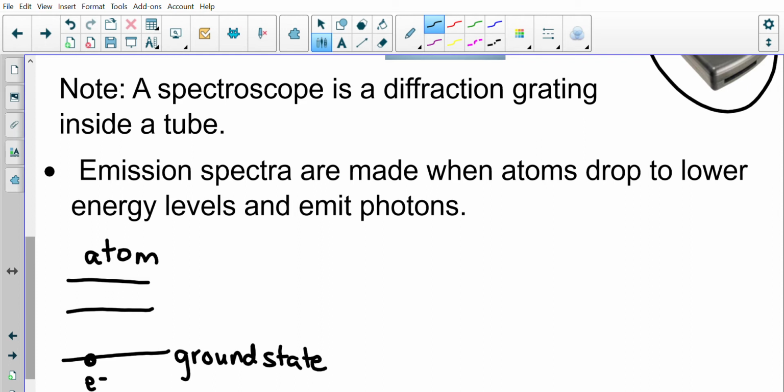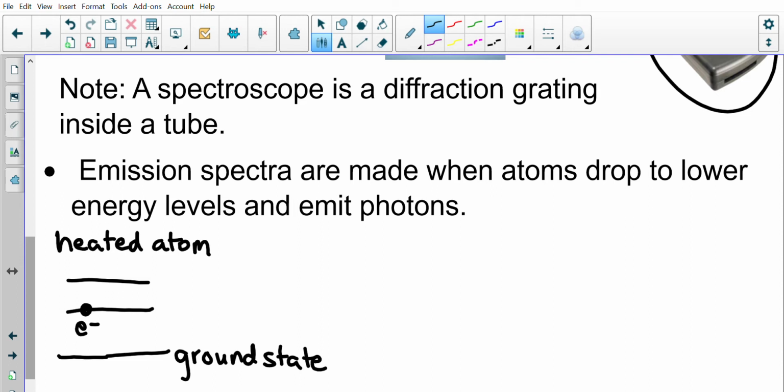But if you heat up the atom, so if I erase this now and I say that this is a heated atom, when you provide heat energy, that gives energy that can actually push the electrons from the ground state up to higher energy levels. So now that the atom's been heated, the electrons are in higher energy levels. They don't stay there, okay?